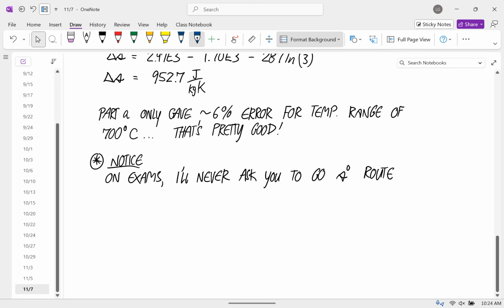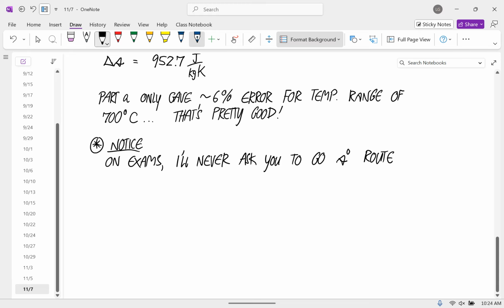Any questions about that? Okay, so that's ways to calculate the change in specific entropy. We've done it for incompressible materials, and we've done it for ideal gases. The next thing I want to talk about is entropy production.